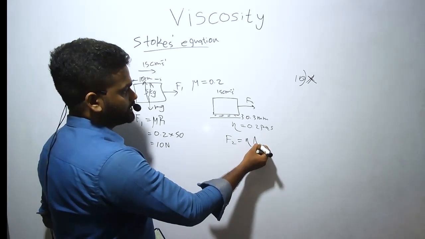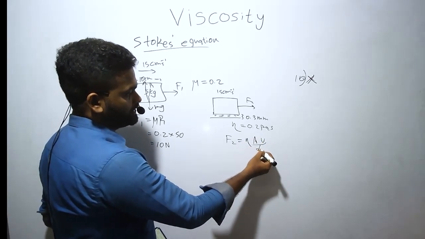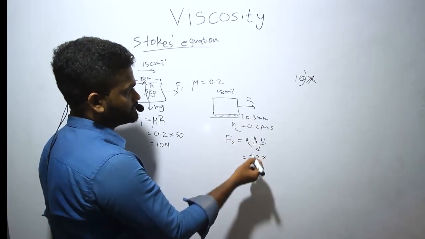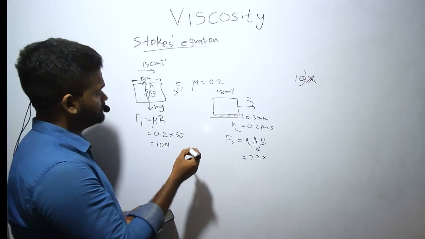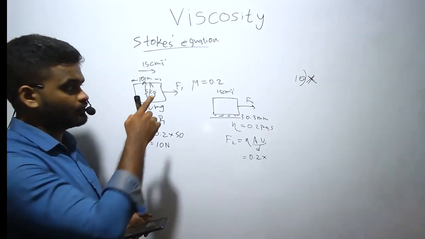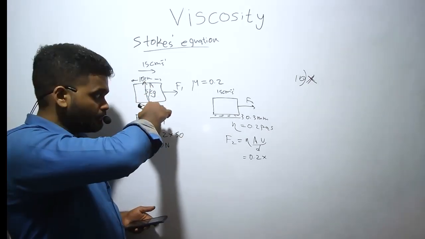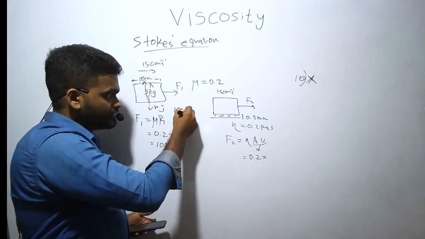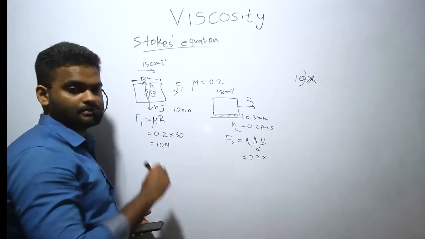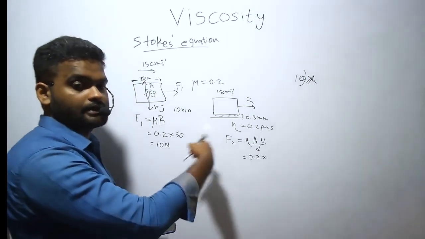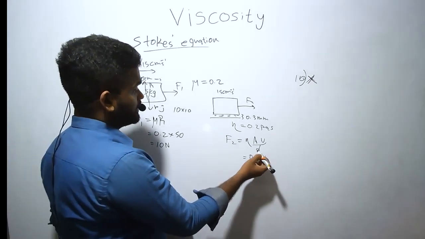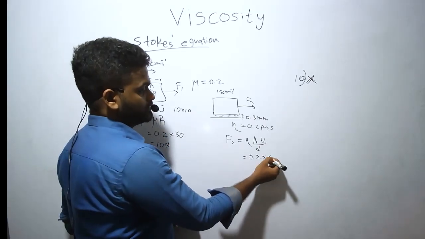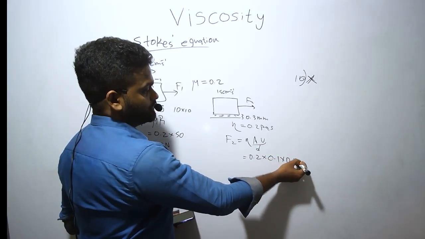So it is eta A V divided by D. Eta is 0.2, area is it given? The area is, side length is given, so the bottom area should be 10 times 10 square centimeters. You have to convert it into meters. 10 centimeter means 0.1 meters, right? 0.1 times 0.1.